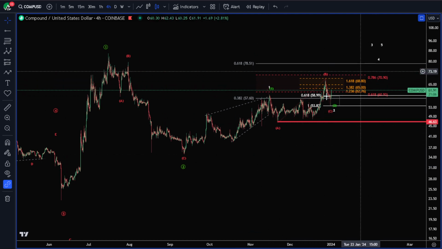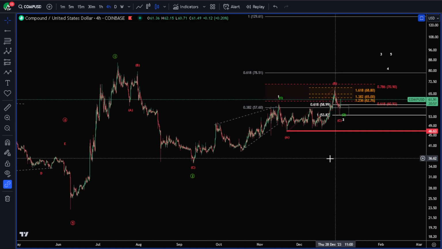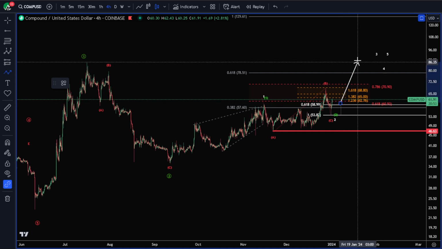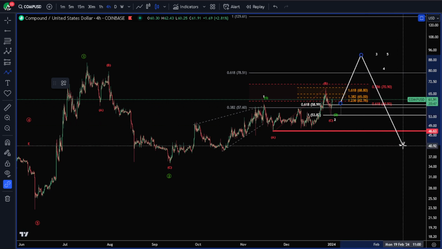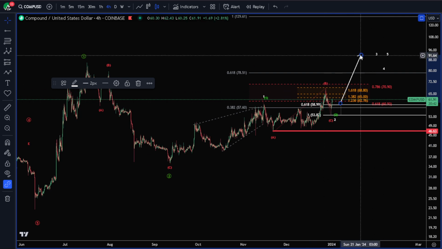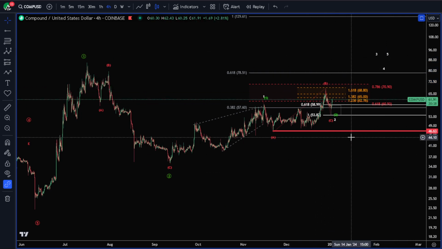This can turn into other corrective structures, but for purposes of the trade setup, we're playing the long as a 3rd wave, and we may have to adjust things when we get up to this area. If we break a new high, this is just a quick alternative. We'll be paying attention here because we might get a flat structure in the bearish scenario. But we will adjust our trade setups to protect against that and lock up some profit no matter what.